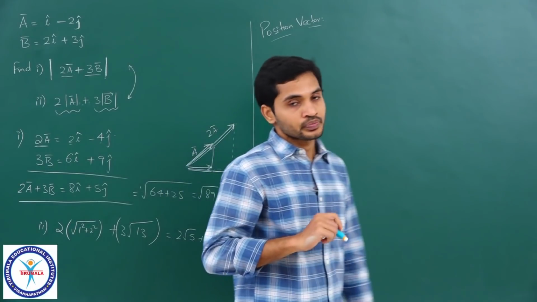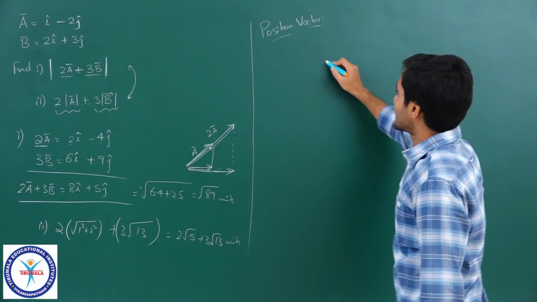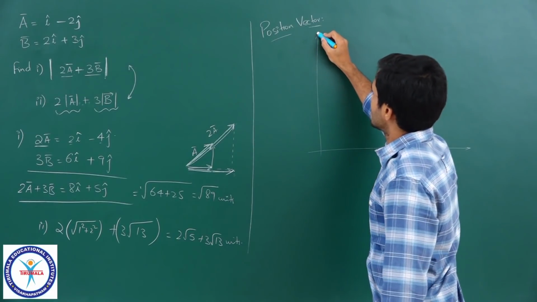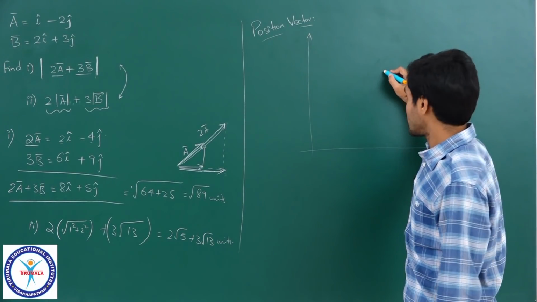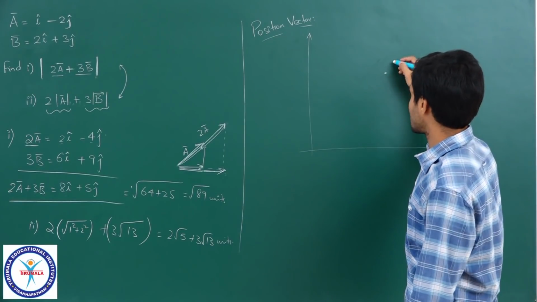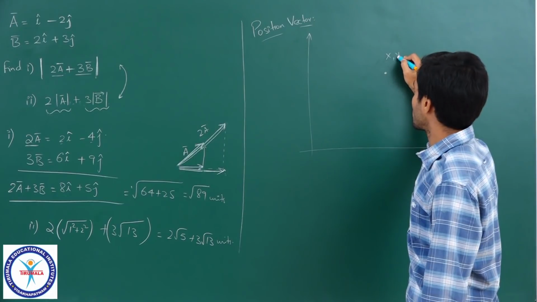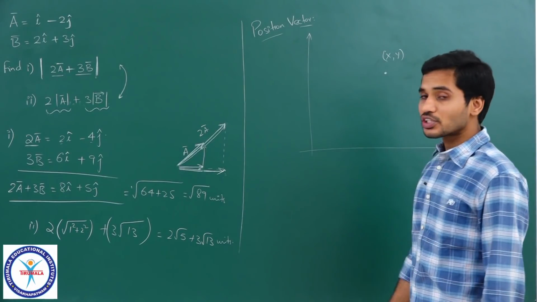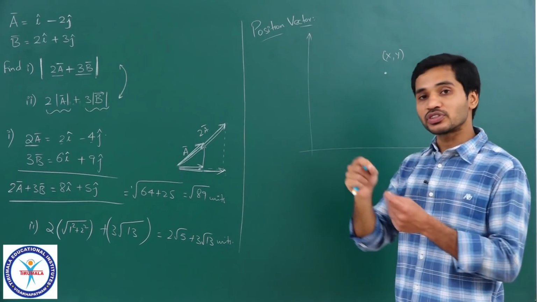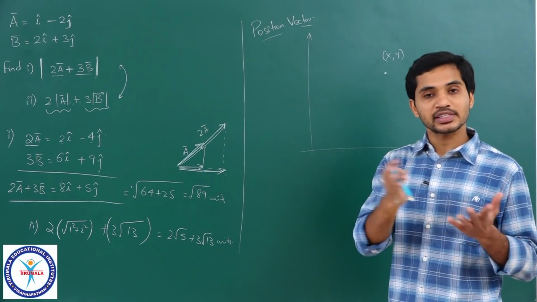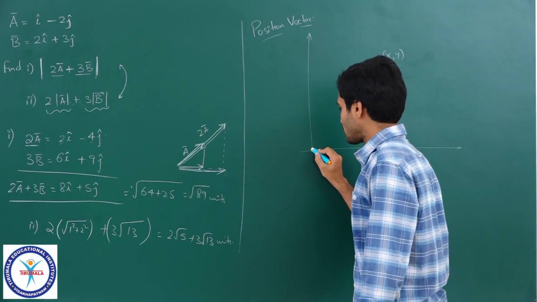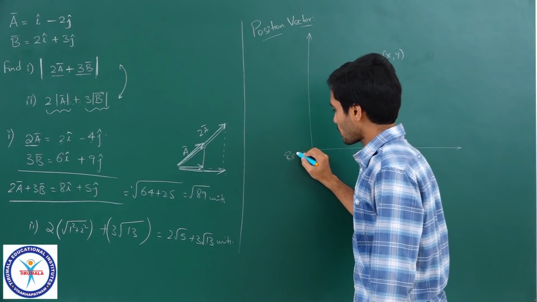Okay. So, let us say we have an xy plane and you are at this position, let us say this is the position where you are, clear. So, this is let us say some x comma y. Now, position vector basically means a vector which tells the position of a particular point with respect to another point. So, for example, let us say I have taken this position as my reference.